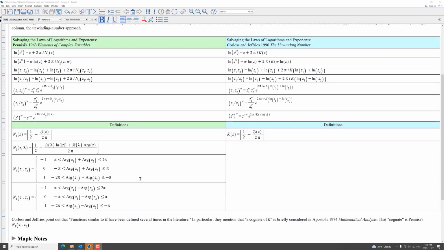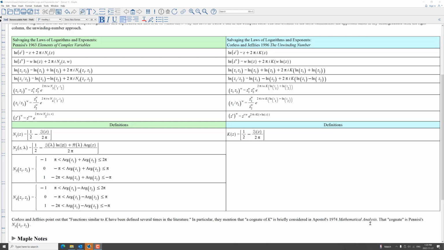Now, the paper that Corless and Jeffries wrote mentions that functions similar to k appear in the literature. And he specifically mentions that this one cognate of k is briefly considered in Apostol's mathematical analysis. Well, I've got that book in my library, and I looked it up, and it turns out that it's Apostol's N3.